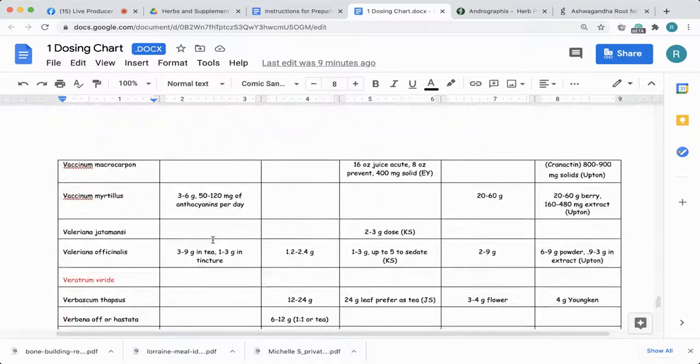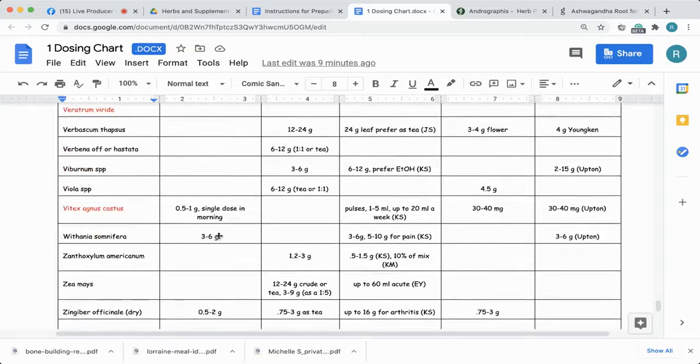So according to Mills and Bone, 3 to 6 grams. Kevin Spelman says 5 to 10 grams. Roy Upton, 3 to 6 grams. Now, just a reference point, you will see studies that show positive results for general vitality and energy at 1 gram.